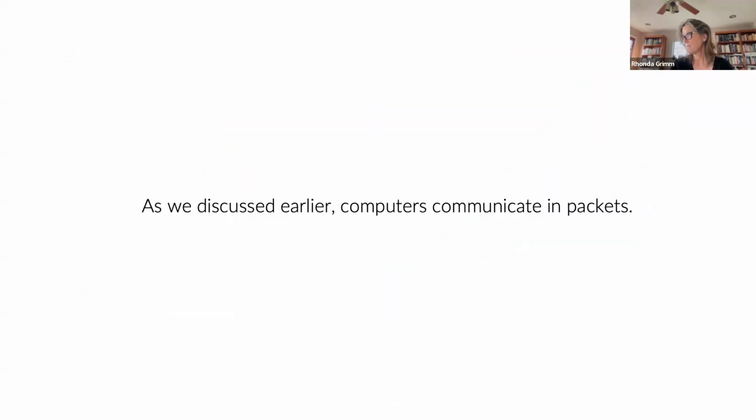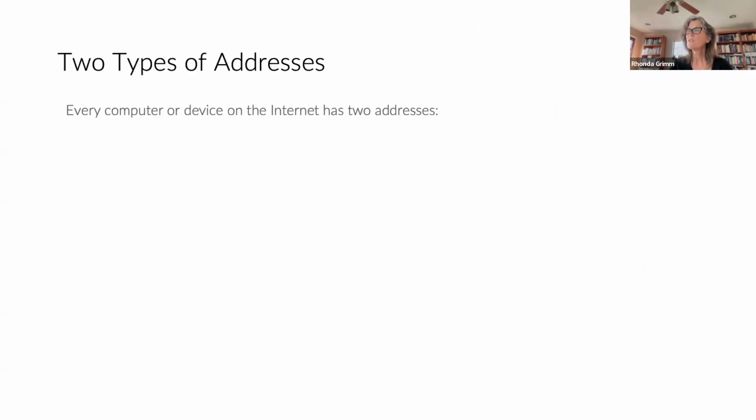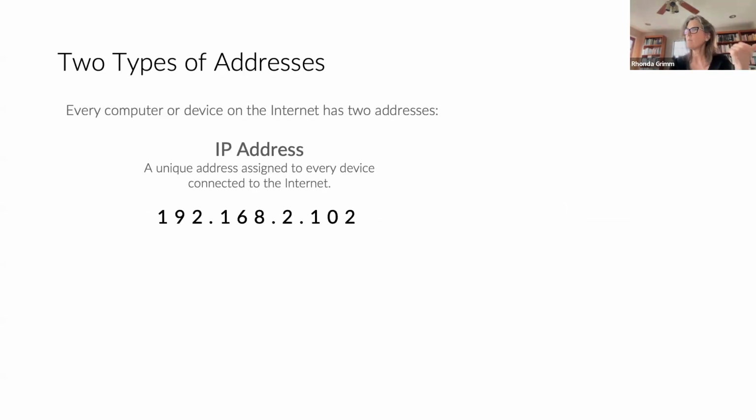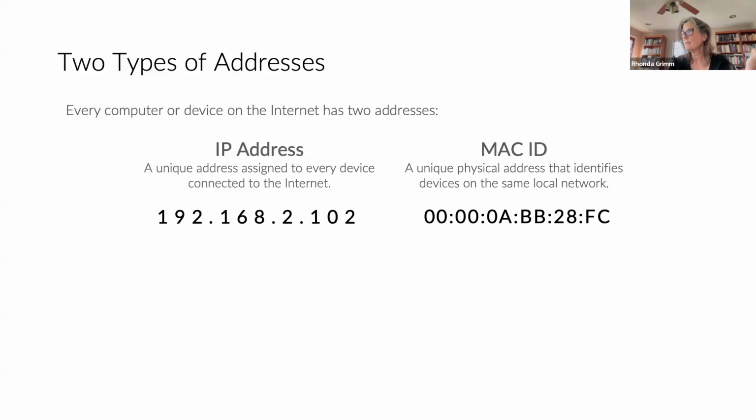As we talked about, computers communicate in packets, and packets need addresses. There are two types of addresses. Every computer or device on the internet has two addresses. They have an IP address, which is a unique address assigned to every device that's connected. And then there's the MAC ID, which is a unique physical address that identifies a device.